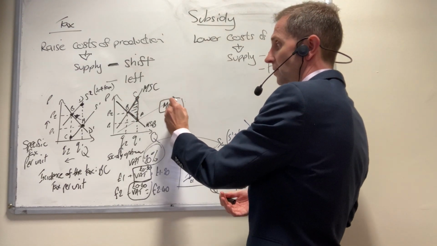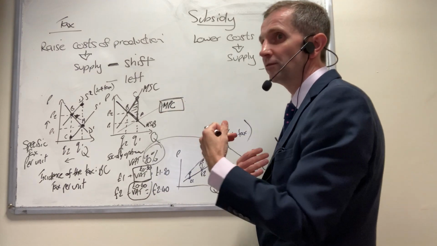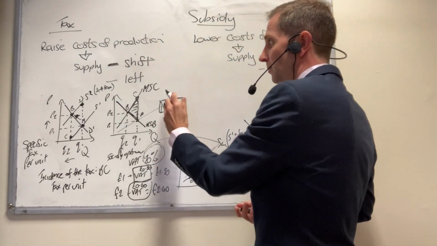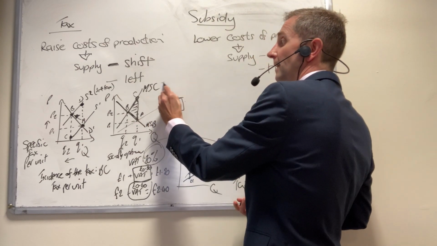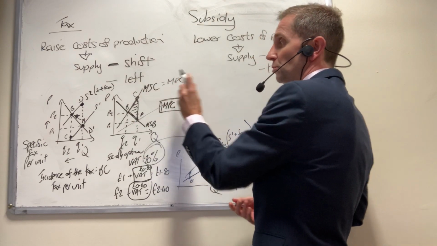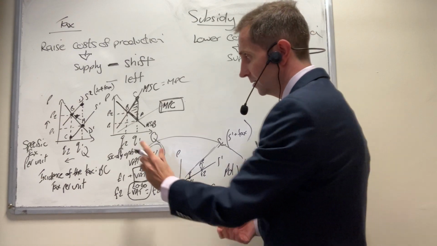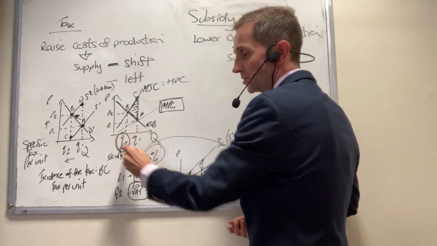So they're trying, obviously for health reasons, to reduce smoking, but they're also trying to get the private costs to equal the social costs, so that consumption then drops down to Q2.